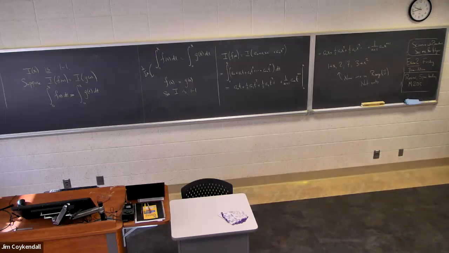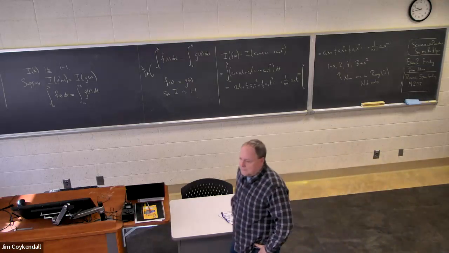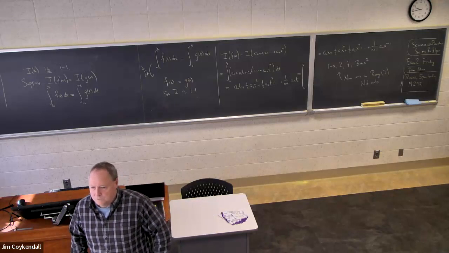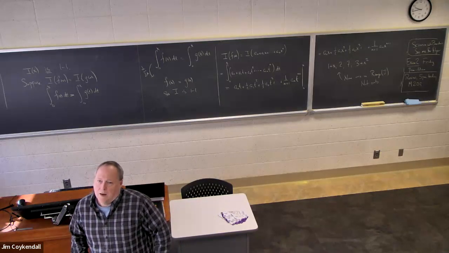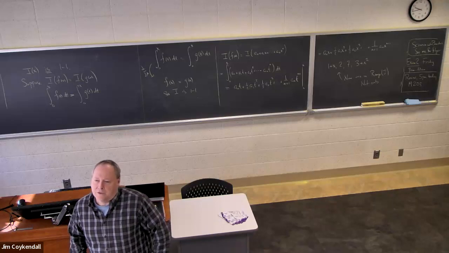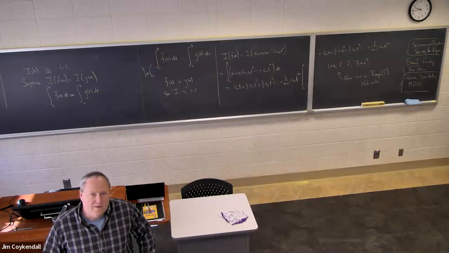Any questions on that? Question? Yes. Could we just say that the degree of the output is 1 greater than the degree of the input, so it can't be onto? Yeah, so in particular, the degree of the output is 1 greater than the degree of the input.